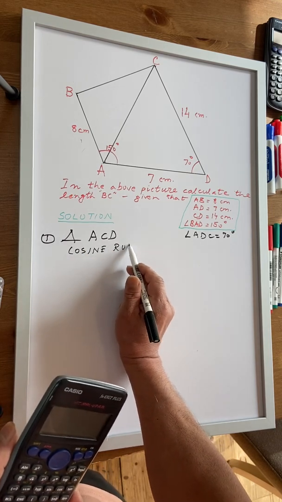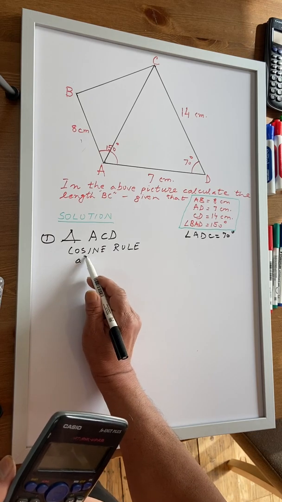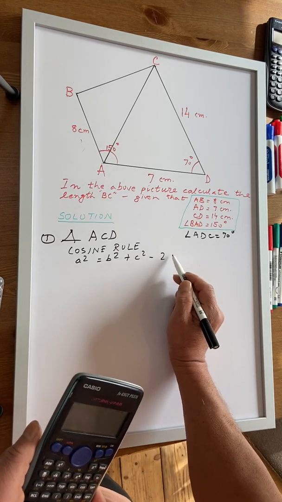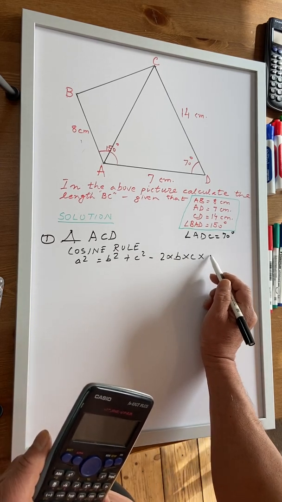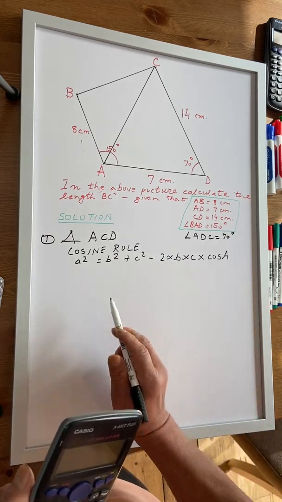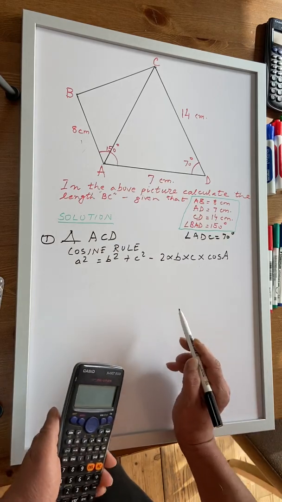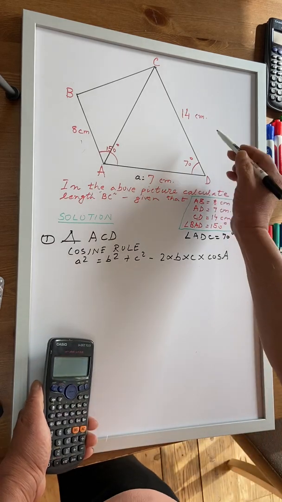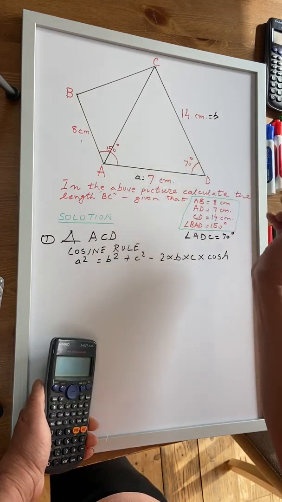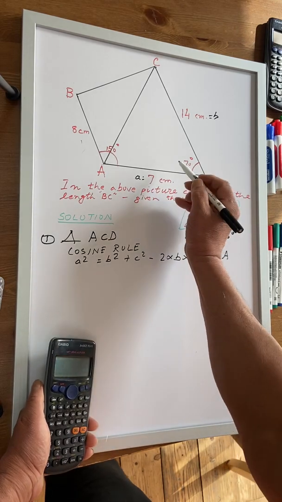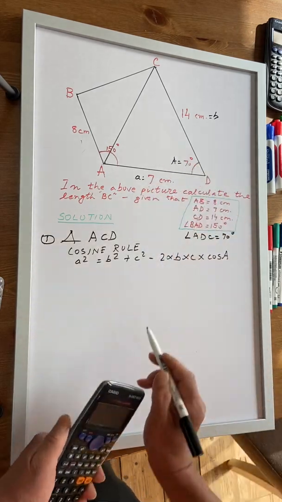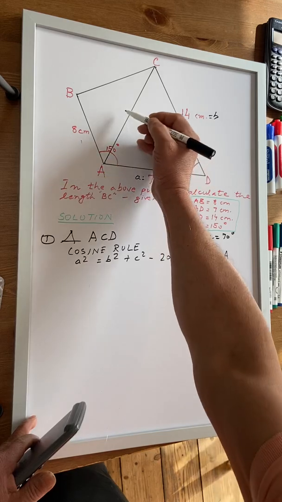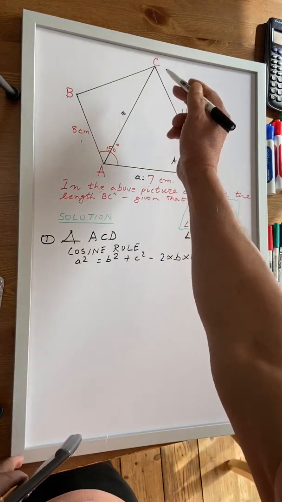The cosine rule states that a square is equal to b square plus c square minus 2 times b times c times cos A. Now, if we imagine this length 7 centimeter to be our c, and if we imagine this 14 centimeter to be our b, and we imagine this angle 70 degrees to be our A, substituting these in our formula, our a square, this length can be designated as a, which is AC.